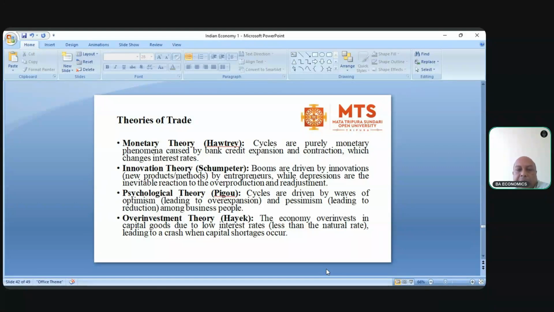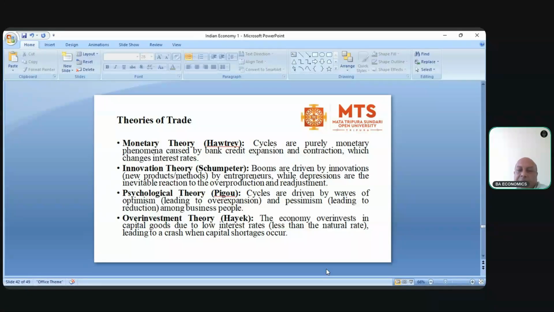Psychological theory. This theory was introduced by Pigou, and he said the business cycle is affected by the psychological concept of people regarding optimism and pessimism. Optimism means expecting better economic conditions.